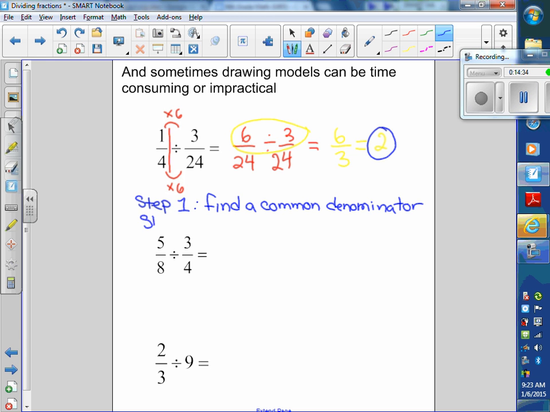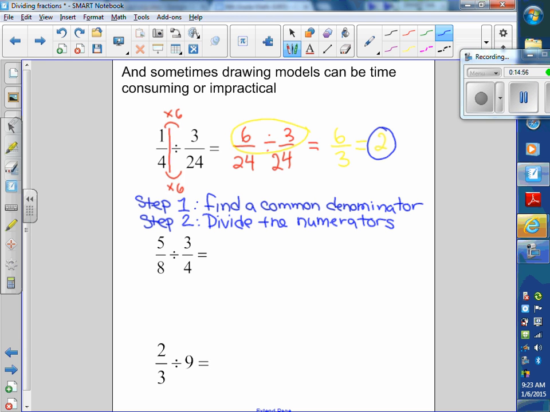And then step 2, you divide the numerators. Just make a fraction of the numerators. Divide the numerators. Works every time.